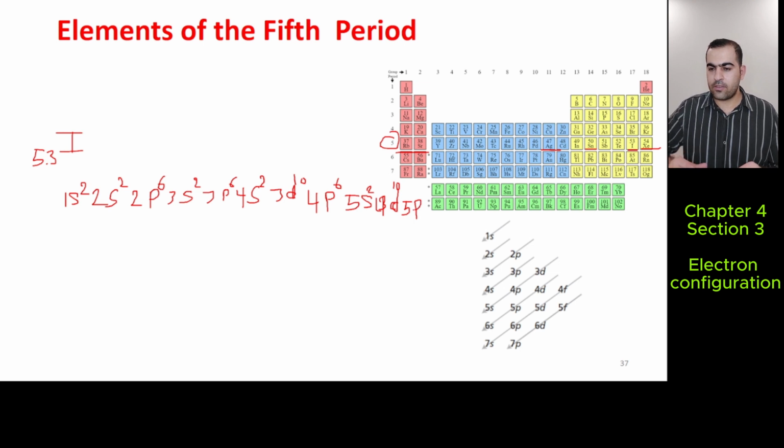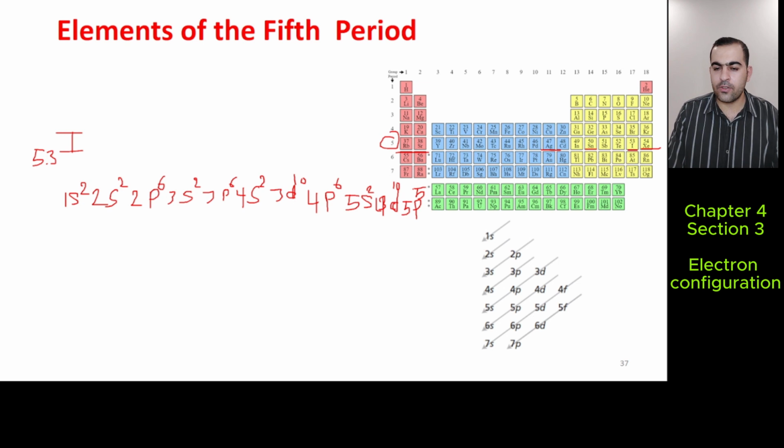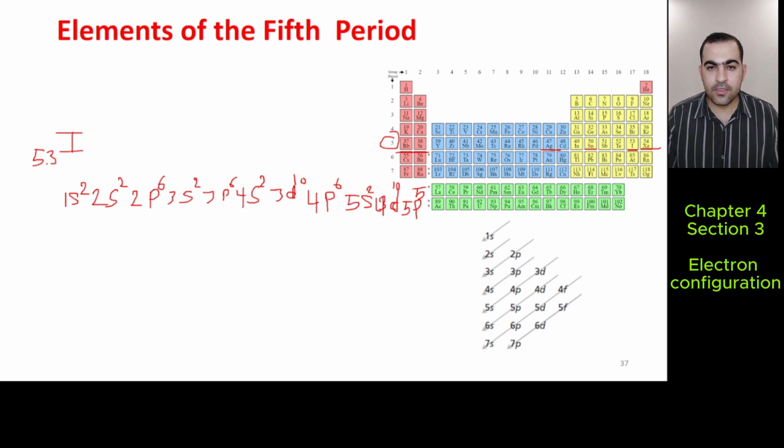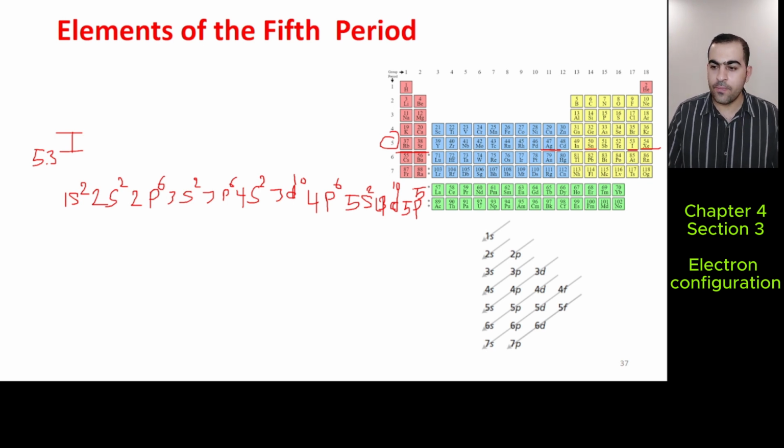That makes 48, and to be 53 it needs 5. This is for iodine. For the fifth period elements, if I write noble gas notation, which noble gas do I use? I use the noble gas of the fourth period, which is krypton, its atomic number is less than 53.